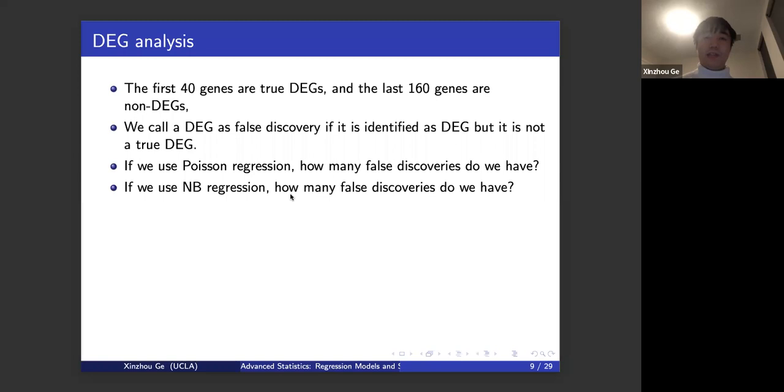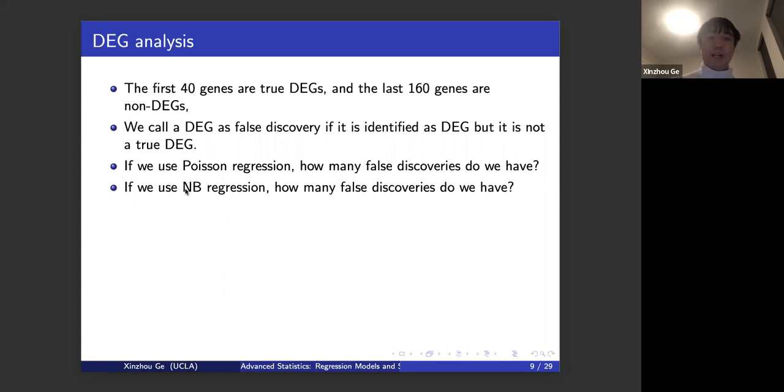We just need to compare the p-values with 0.05 and see which of the genes pass the threshold, and how many of them are actually non-DE genes. Those will be the false discoveries. So maybe you can do it yourself first.